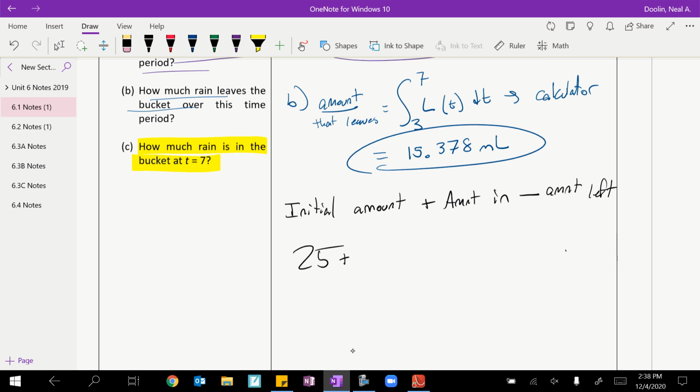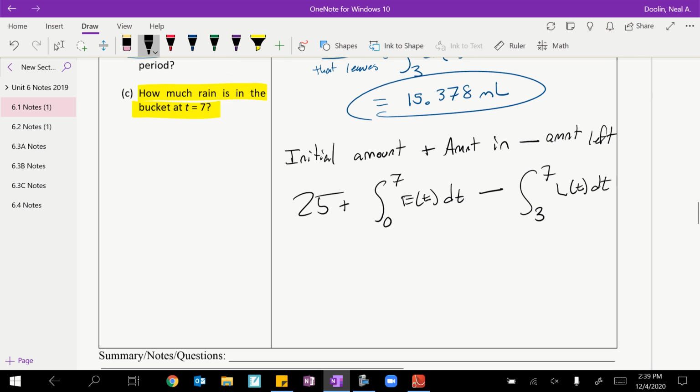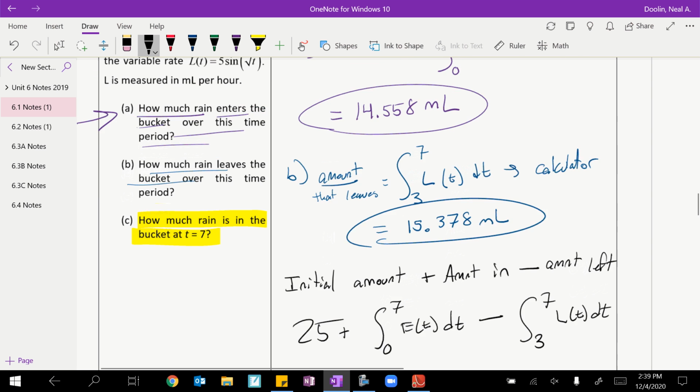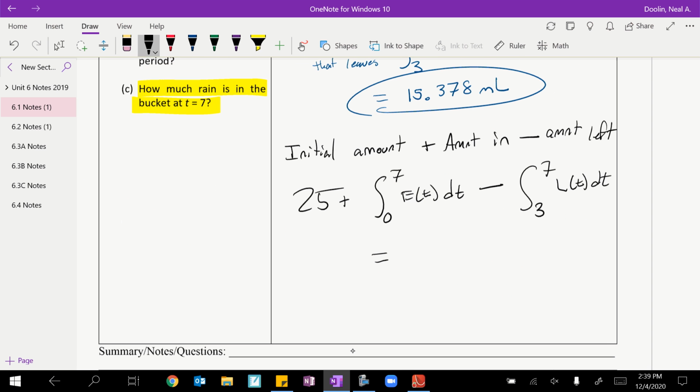You could say plus the integral from 0 to 7 of E of t dt, because that's the amount that comes in, minus the integral from 3 to 7, this is the amount that leaves, L of t dt. And then you either punch in your calculator or you total up using these numbers, it doesn't matter. You get 24.180. Again, answer in context. It's an amount of water, so I'm saying milliliters.